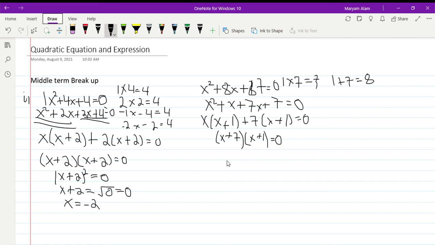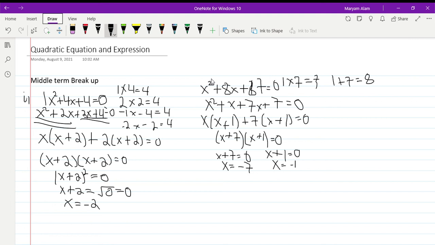So x plus 7 is equal to 0, so x will be minus 7. Now x plus 1 is equal to 0, so x will be minus 1. We have got two values of x. As it is a quadratic equation, we get two values. In a linear equation, we get one value.